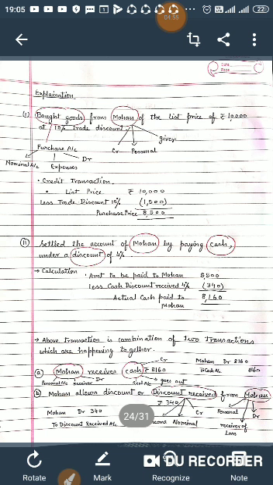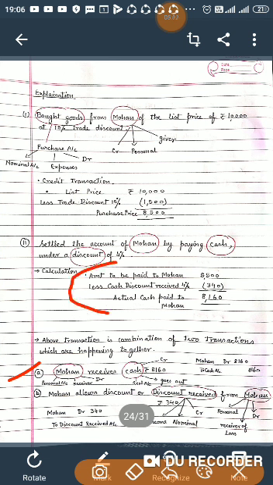For your understanding, I have explained here one by one. The first transaction is Mohan receives cash, and before doing this, I have also shown the calculation.